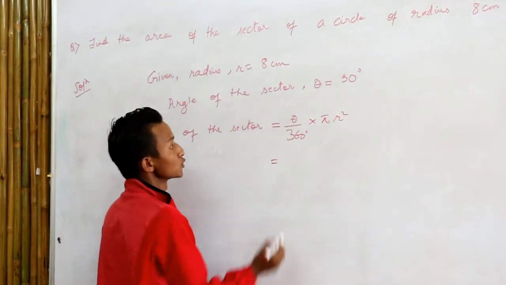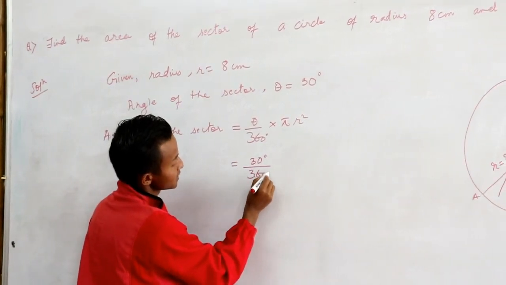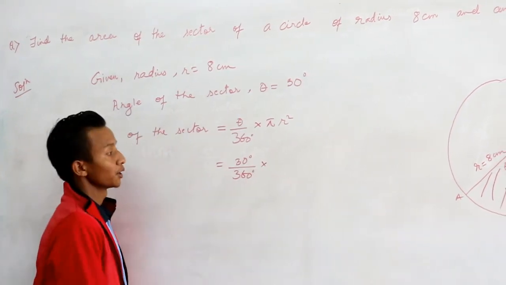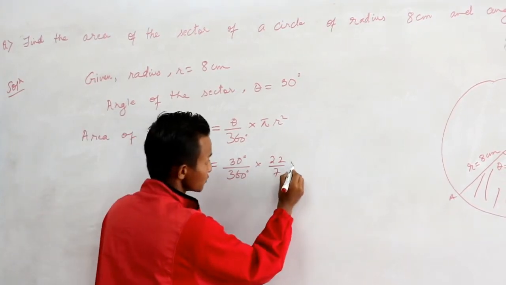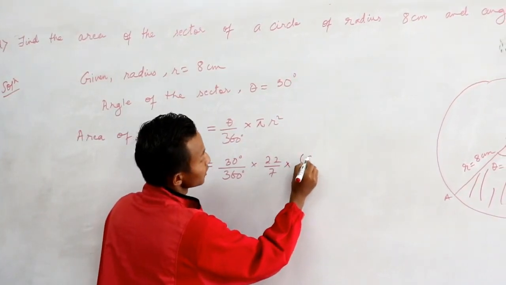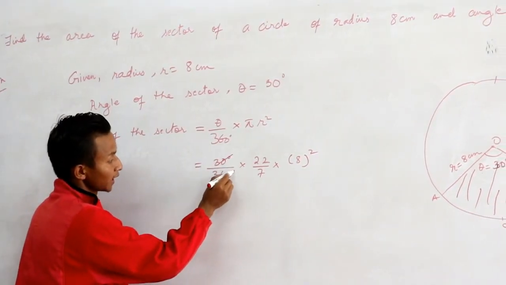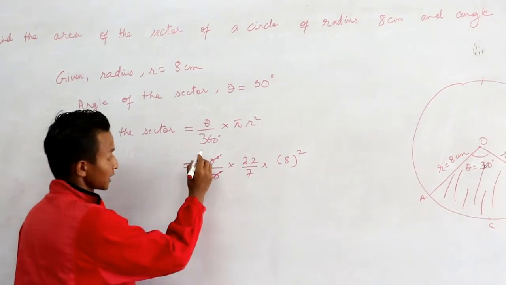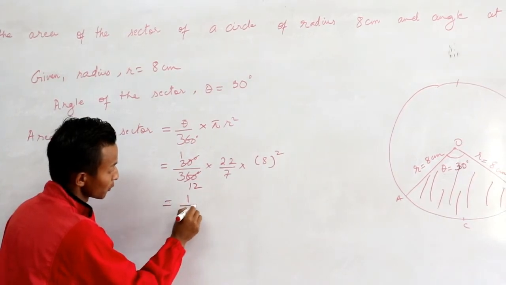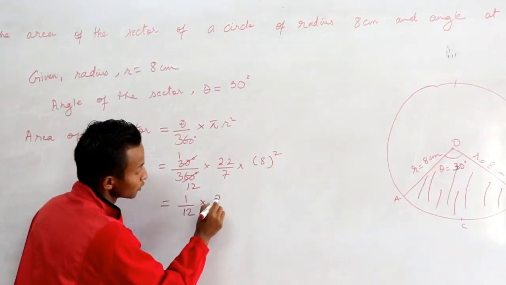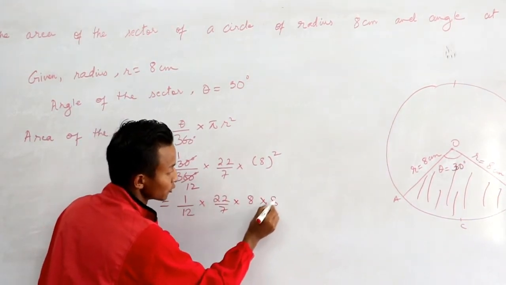Theta is known to us, which is 30 degree by 360 degree, into pi which is 22 by 7, and r is 8, so 8 square. 30 and 360 can cancel, and you get 1 by 12 into 22 by 7 into 8 square, which we can write as 8 into 8.